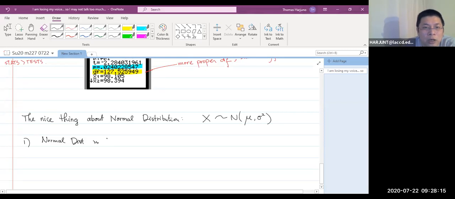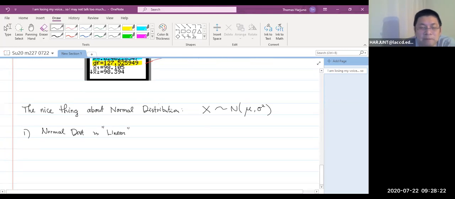Even though the word linear here requires some explanation, in this sense, if X is normally distributed with mean mu and variance sigma squared, then AX plus B, which is a linear function, remember the slope-intercept form of a line, right?